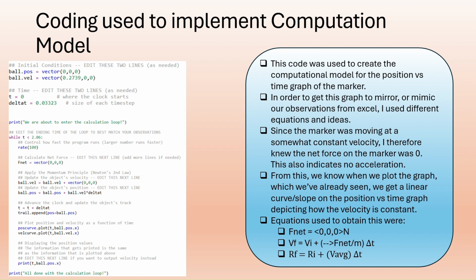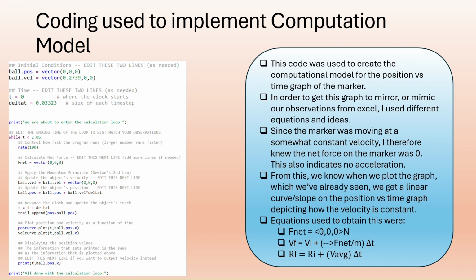So we use a while loop to run the function to make the graph, and you can see that the net force was 0, and I have my velocity final equation, which is equal to the initial velocity plus the net force divided by mass times change in time. But my net force is 0, so it's not necessary to include the rest at the end there.